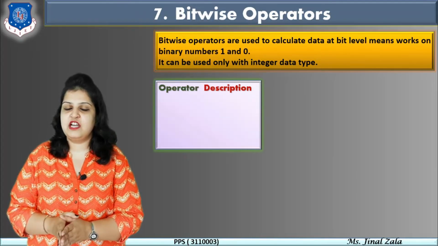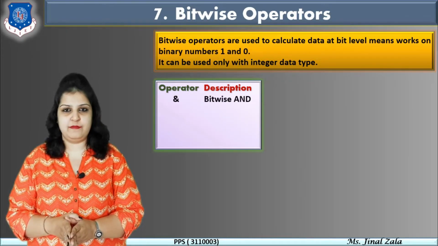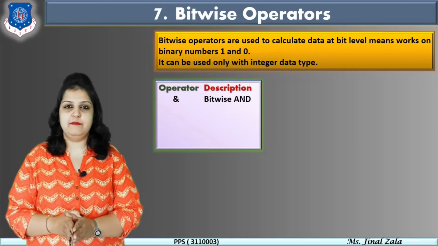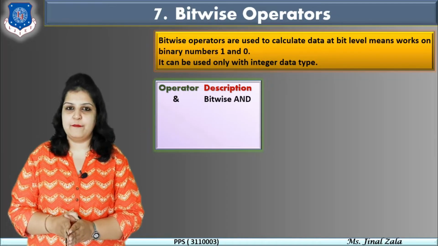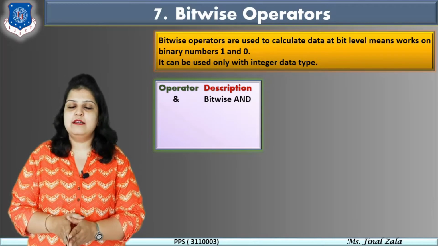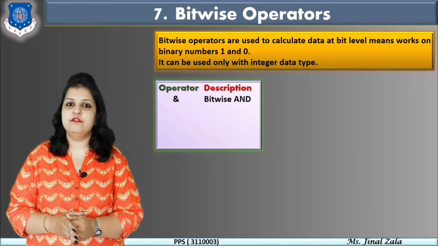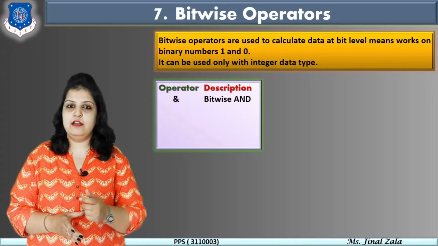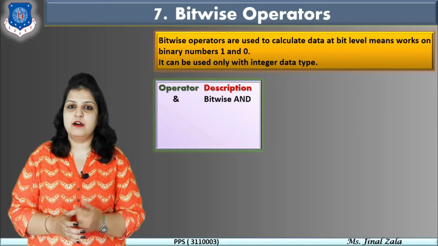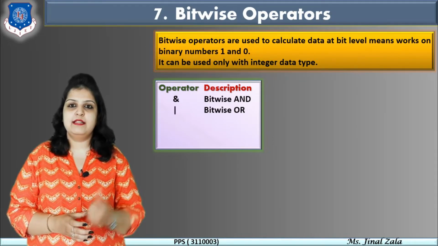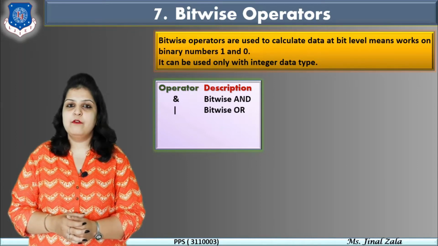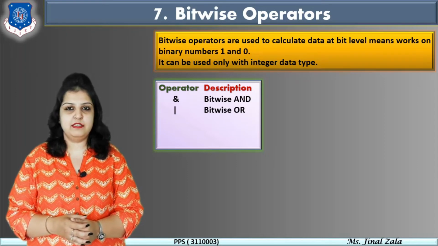So let's see which operators are bitwise operators. Here in the table, the first operator is the AND operator, called bitwise AND. Remember the symbol, here you have to use only a single AND; in logical AND we use two. Then second is bitwise OR, for which a single pipe is used.